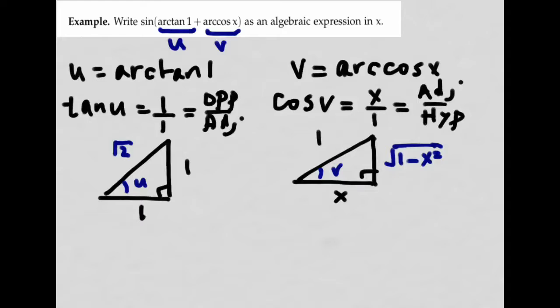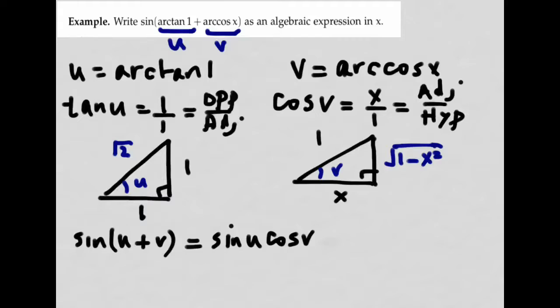Now, let's see what we need here. Let's go back to our original expression, sine of arctangent 1 plus arc cosine x. Well, this is sine of u plus v. Using the addition formula for sine, this is sine u cosine v plus sine v cosine u.